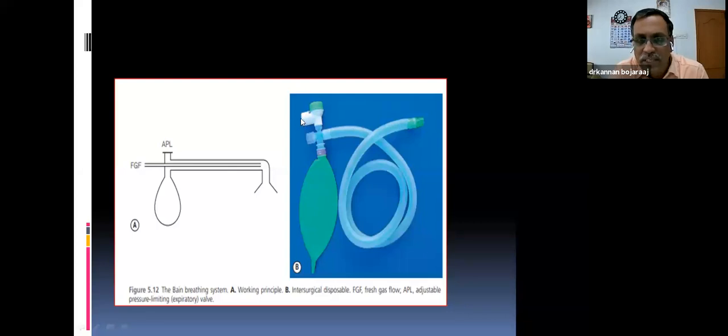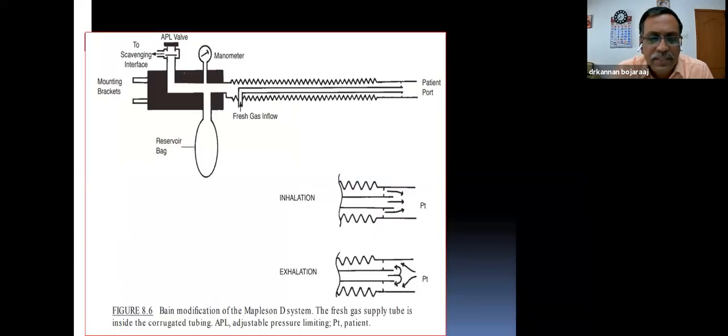We can connect this APL valve to the scavenging port also. Okay. And here you can see this Bain modification. The fresh gas supply tube is inside the corrugated tubing, as already told. The fresh gas flows from here to the patient end.